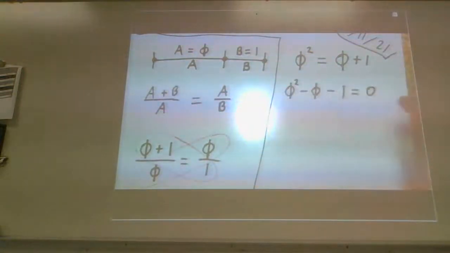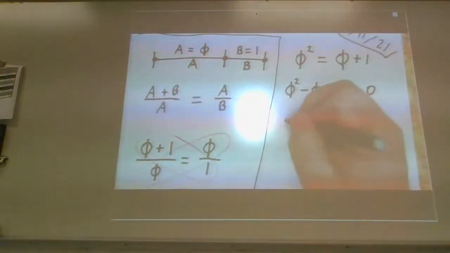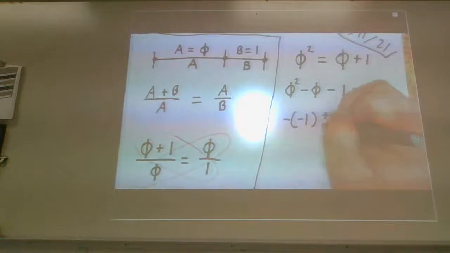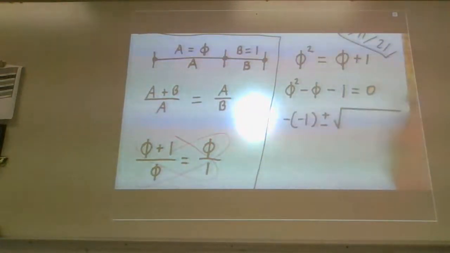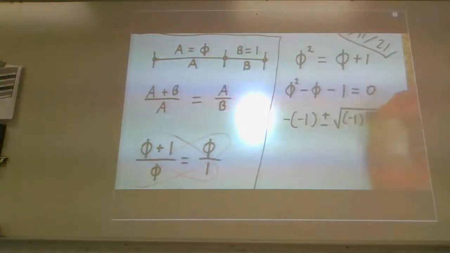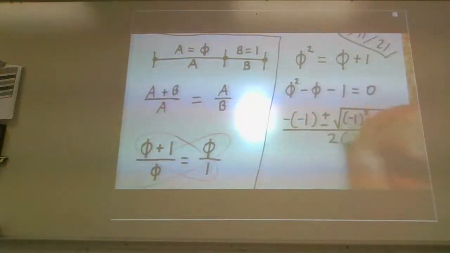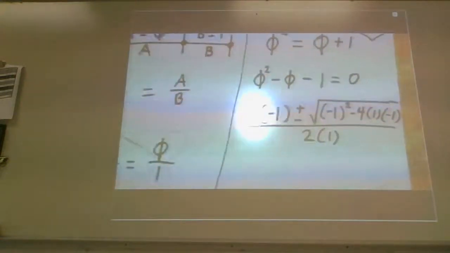In terms of the quadratic formula, I'm not going to bore you with the details, but it goes negative b, and notice I'm not writing the letters, I'm putting in the numbers. Negative b plus or minus the square root of b squared minus 4 times a times c. The whole thing is over 2 times a. Notice how I wrote that in. I'll zoom in on that portion over here.